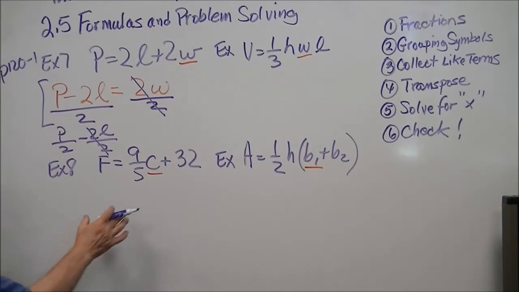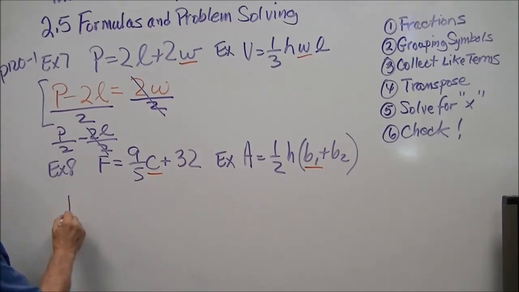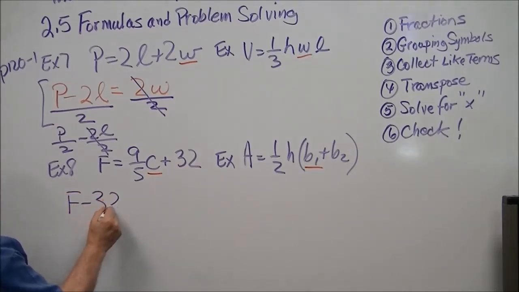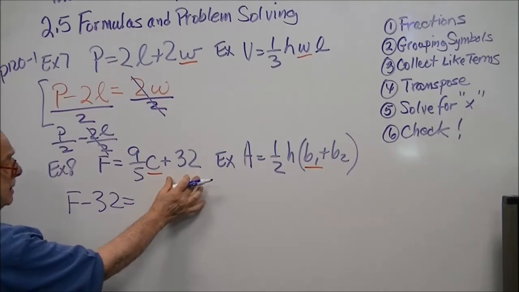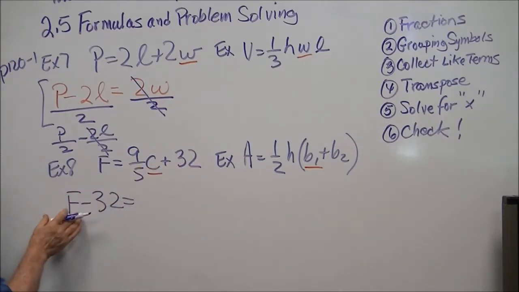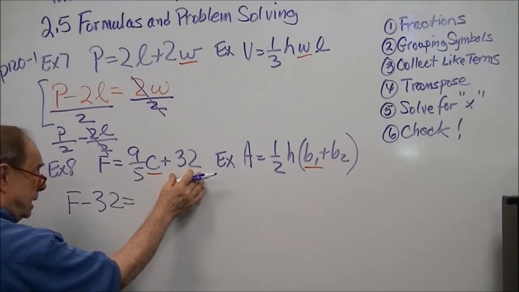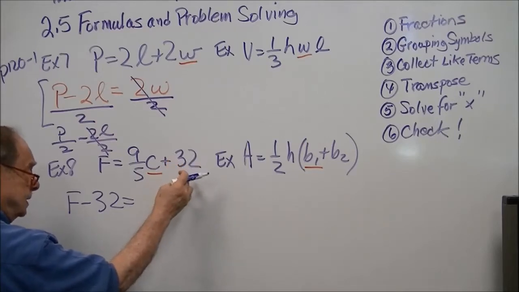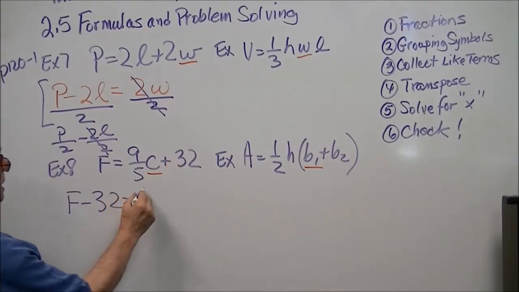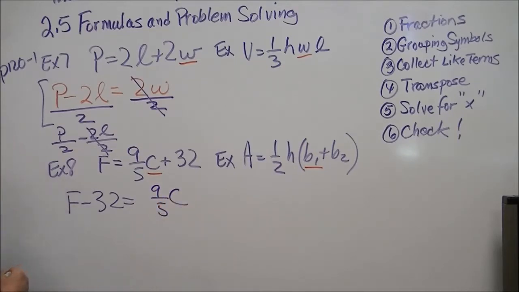Now, believe it or not, we did this earlier, but we'll do it again. We want to transpose the 32. And again, that technique of transposition, just take a term from one side of the equation to the other. We know, in fact, what we're doing is subtracting or adding the additive inverse, and then we get, and we want to use the reciprocal.